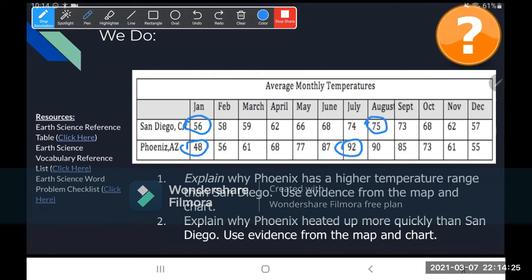Which one has the higher range in temperatures? It's Phoenix. From 48 to 92 is a bigger difference than from 56 to 75. So inland climates are more extreme and they have a higher range in temperature versus coastal climates, which are less extreme, they're more moderate and have a lower range in temperatures throughout the year.